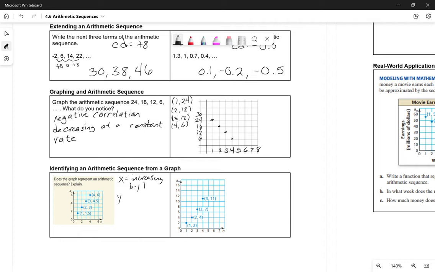And our y values, I can see going from 1.5 to 3 to 4.5 to 6. It is increasing by 1.5, which means we have a constant rate. So therefore, it is an arithmetic sequence.